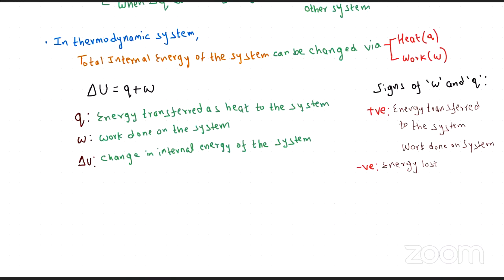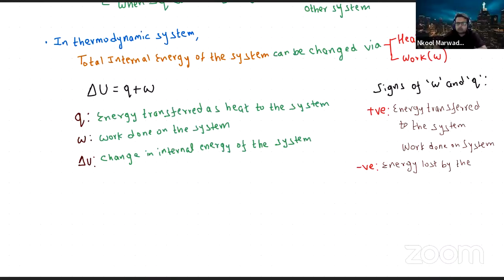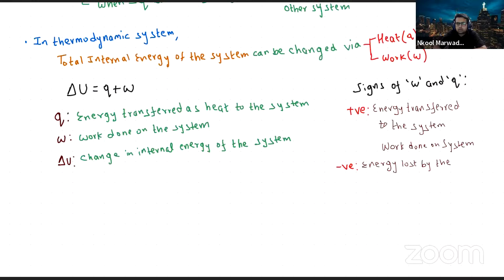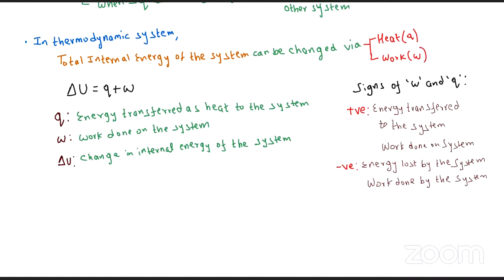Work done by the system is negative. So whenever the system does the work, the sign will be negative.